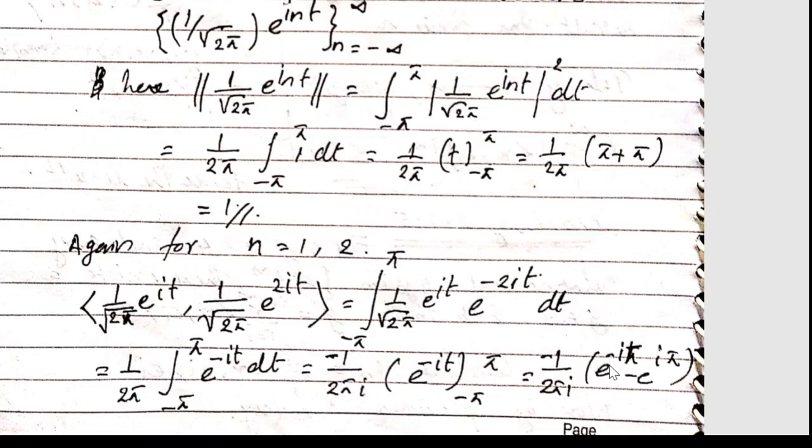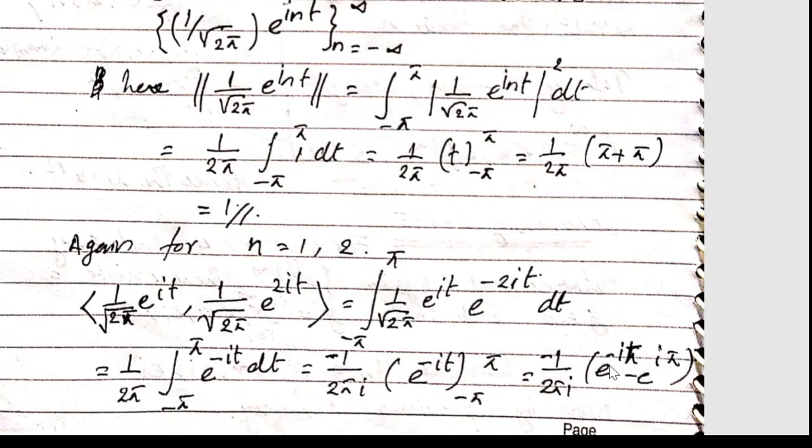When I am finding the inner product, it should be the integral minus pi to pi of 1 by root 2 pi e raised to it into e raised to minus 2it dt. That's equal to 1 by 2 pi integral minus pi to pi e raised to minus it dt.